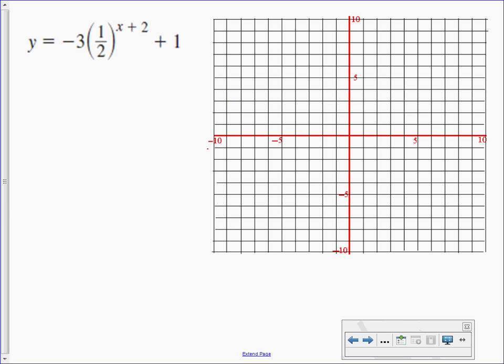So as we go to plot this out, we still label your A, your H, your K, and B. What's A in this case? -3. B, 1/2. What's H? -2, and K is 1.